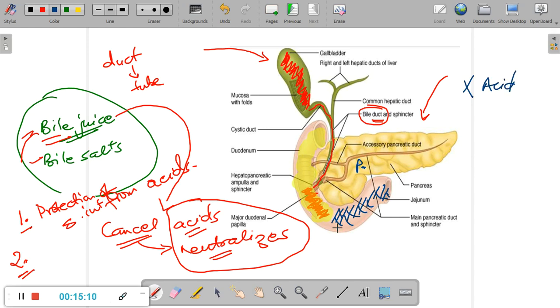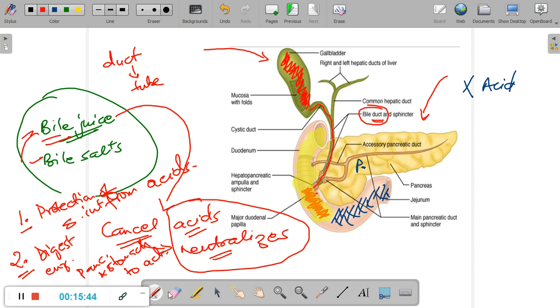So if acidic chyme comes down there, these digestive enzymes cannot work and the process of digestion will not take place. So the bile juice neutralizes this acidic chyme and allows the digestive enzymes released by the pancreas and the stomach to act. They'll be able to function really well. This is the important aspect of it all.